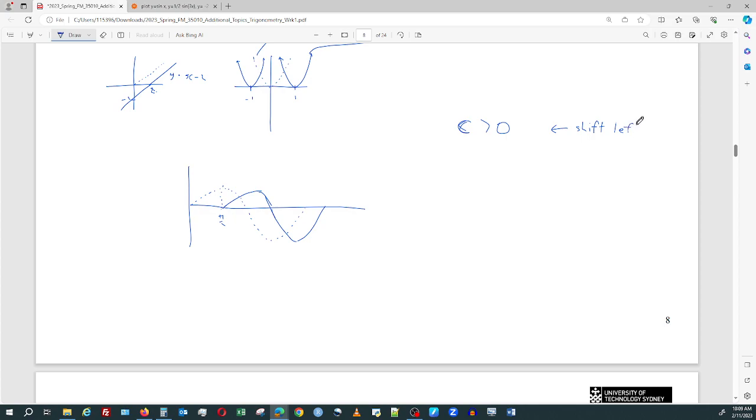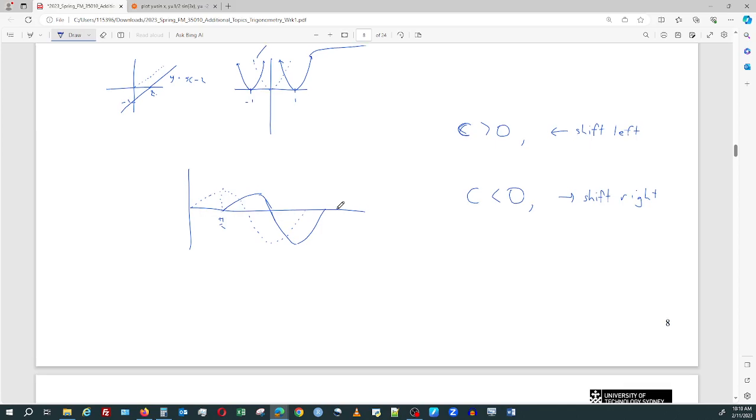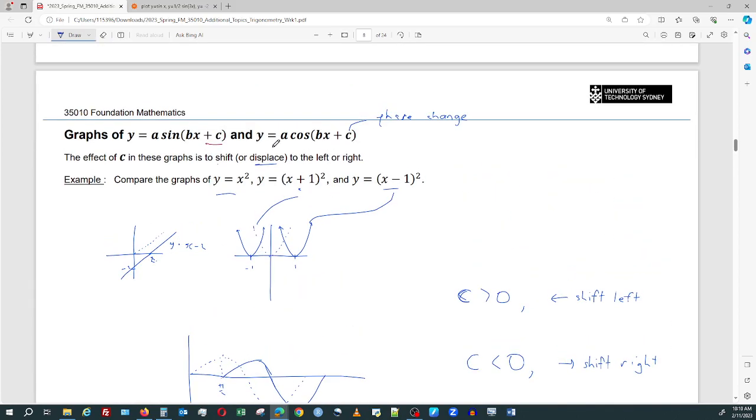Now, if C is negative, we'll shift to the right. So in Mathland, that's how we would say C is negative. So the result of that will be shift to the right. So we need to just keep that in mind. The fractional idea and the integer idea, not so much, but the plus minus of the shift. Okay, so we need to keep that in mind, because if we're plussing a minus, that'll look like a minus, etc.